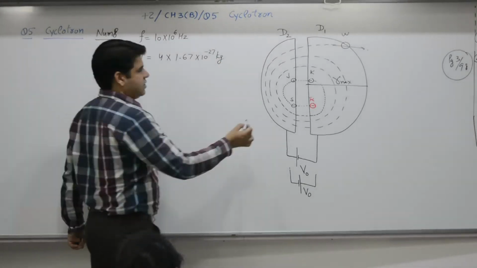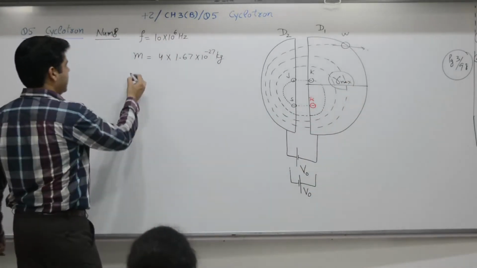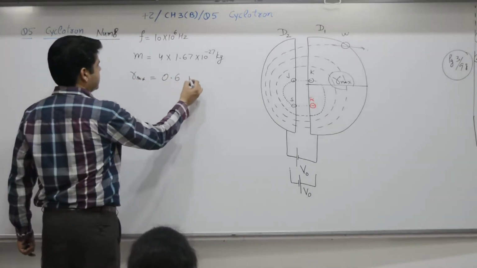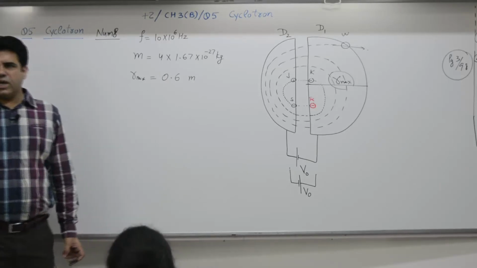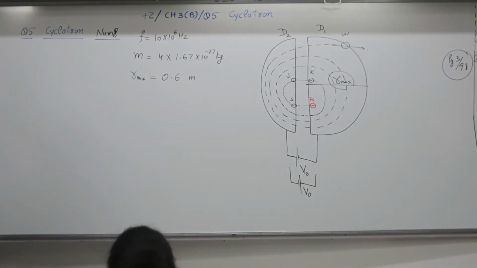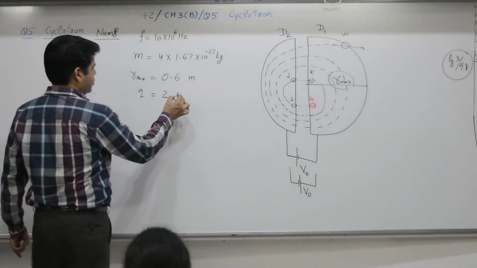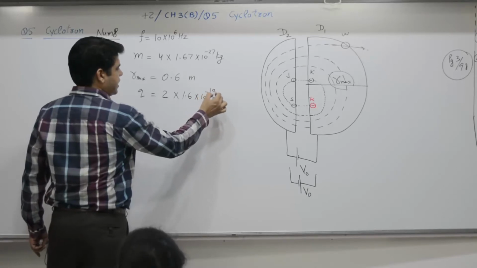Is the diameter of the D given or the radius? Maximum radius R is given. 60 centimeter means 0.6 meters. What else is given? The charge on the alpha particle is 2 times E, 1.6 into 10 raised to power minus 19 coulomb.